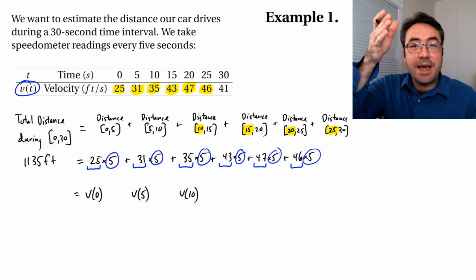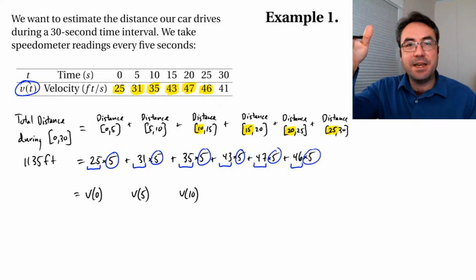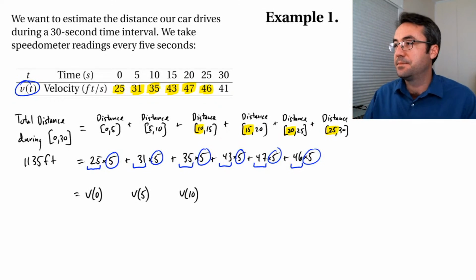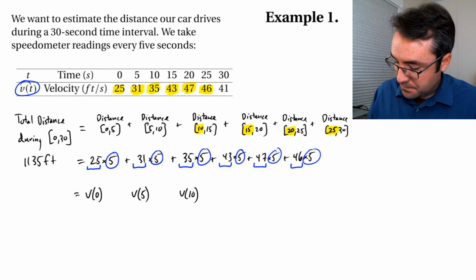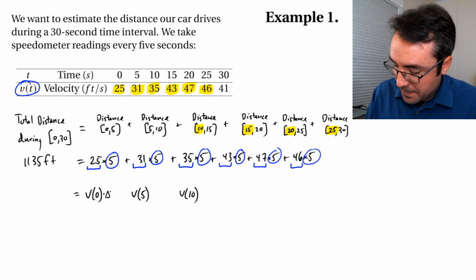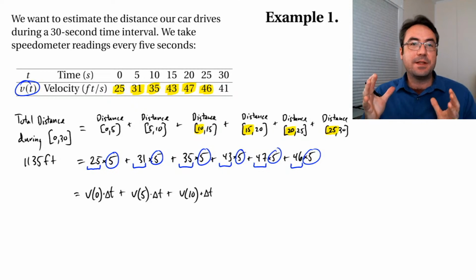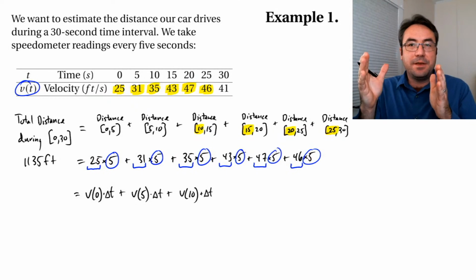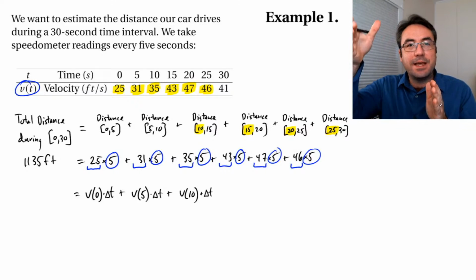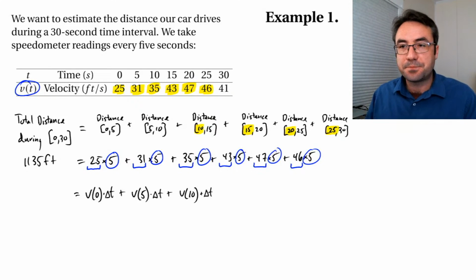So we do these at very consistent increments in time. And so we're going to call that 5, the increment that we're taking our readings in.